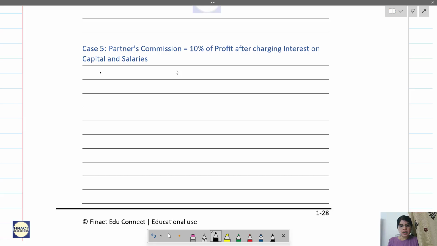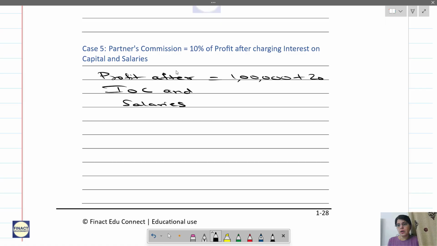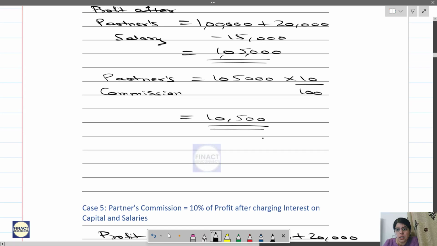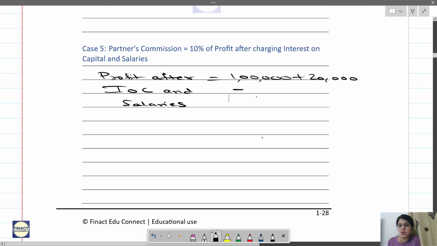So let us calculate the profit after interest on capital and salaries. How much is that? We have 1 lakh, as we have already seen, plus 20,000 interest on drawings. Interest on capital was 10,000 and salaries 15,000, so we have to deduct both.